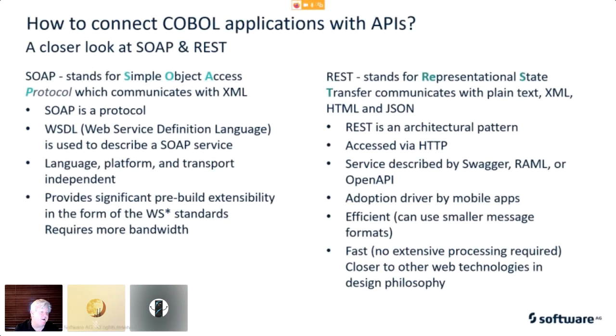Mobile apps, because of their nature, needed something simpler, something more lightweight than a SOAP call. So that's where REST really grew in popularity, with those mobile applications, those smartphone apps. And because they are more efficient, they can use smaller message formats, less data, etc., and it is faster. So that's really the growing trend.